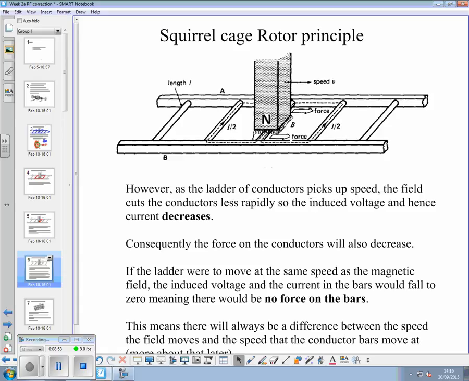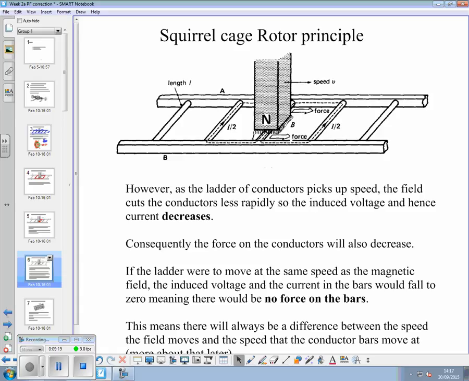So as the ladder picks up speed, the field will be cutting across the conductor less rapidly. Because the difference between the two, as this one's gone like that, and then suddenly this one starts to move, the difference between the two has become less.